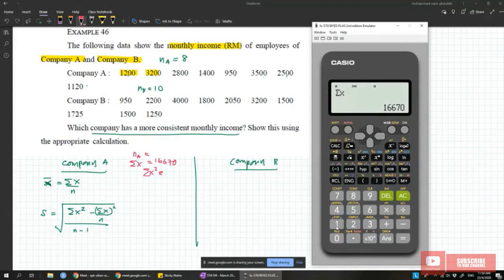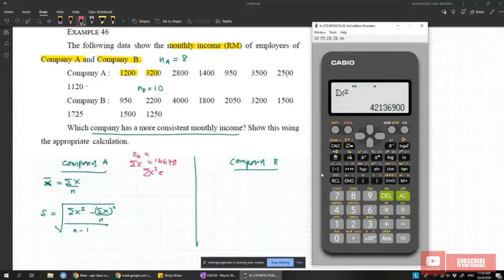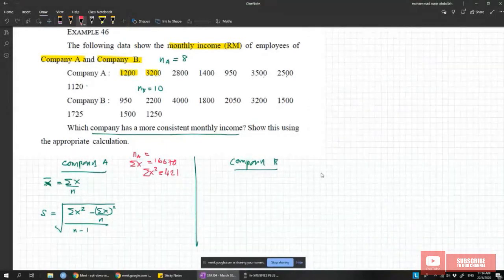And summation of x square, number 1. So this is 4,213,690, right? And the number of observations is equal to 8.